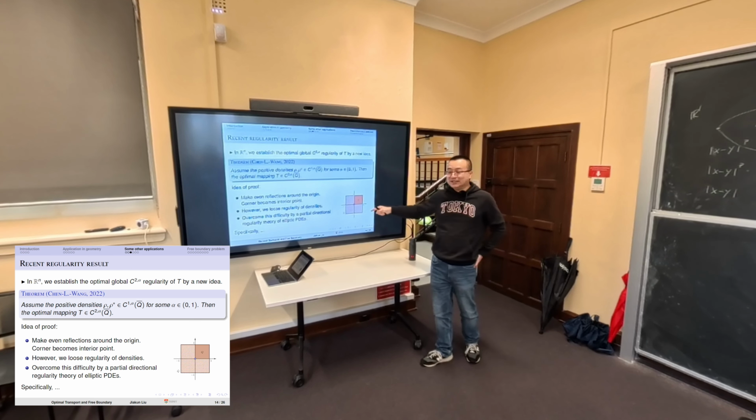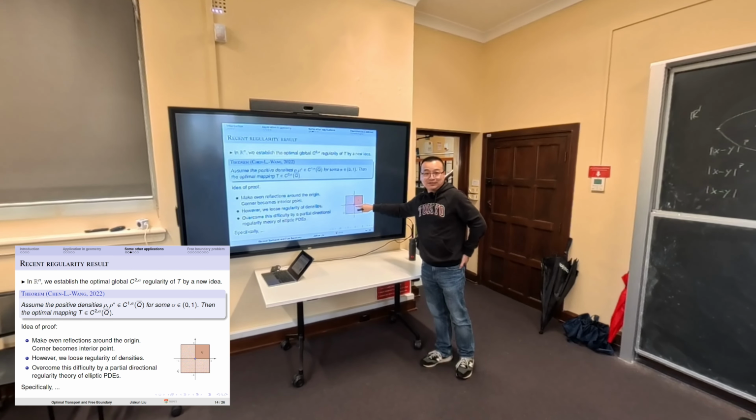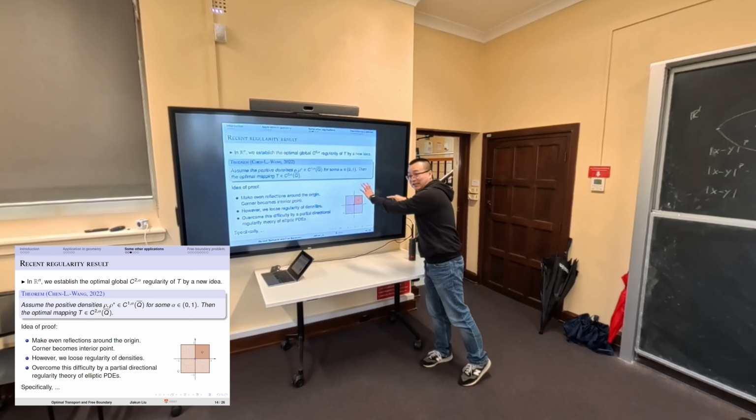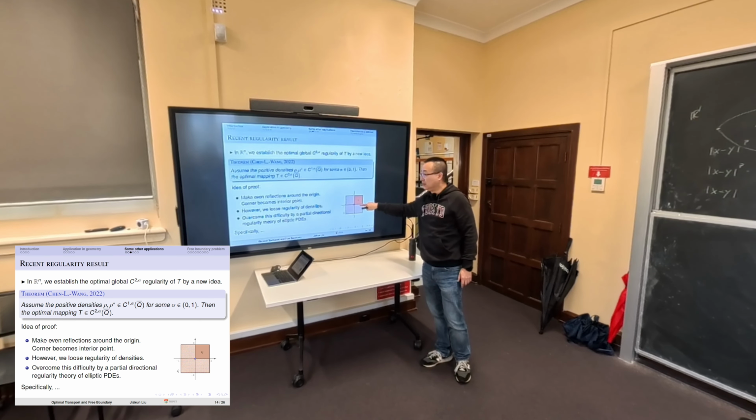The bad guy is a corner, and the domain is very special: it's a square or a cube. So to handle this bad guy, we reflect evenly, such that the sharp point becomes an interior point. Once this bad guy becomes interior, we can use interior regularity to handle the boundary.